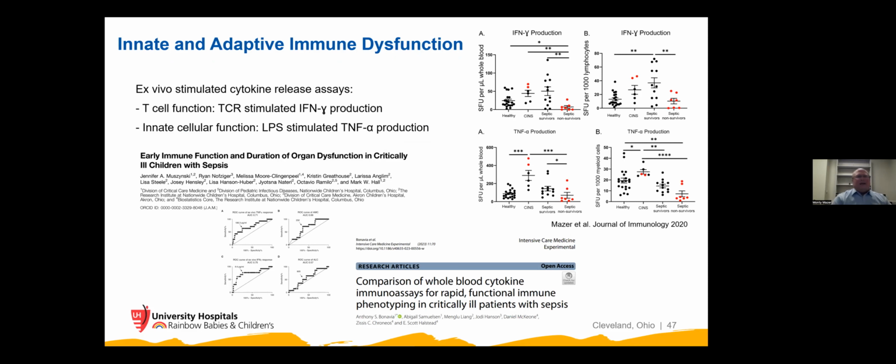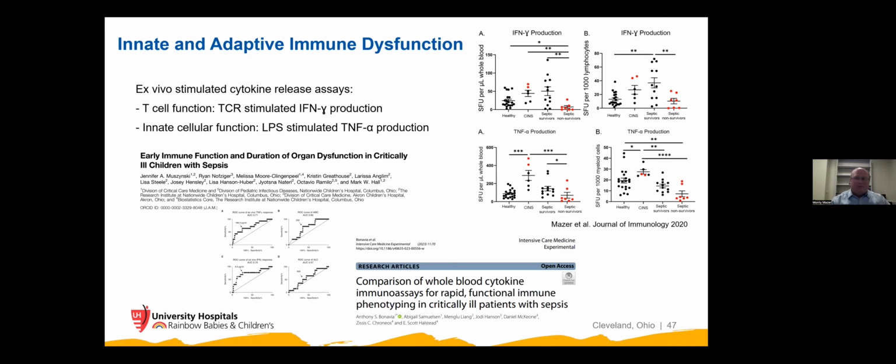And one way to understand how immune cells become dysfunctional is you can take cells from a patient, and there are several different ways to do this, and stimulate them with either T cell receptor stimulators or monocyte stimulators, toll-like receptor stimulators, and see whether or not they produce the cytokines that they're supposed to.